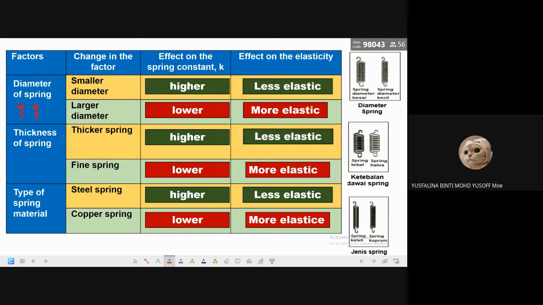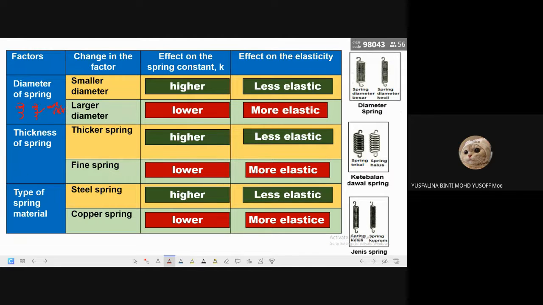The smaller diameter has the higher spring constant, meaning it's stiffer. And the thickness of the spring means the diameter of the spring wire. Of course, if it's thicker, it will have a high spring constant and be stiffer. It's hard for you to stretch it.